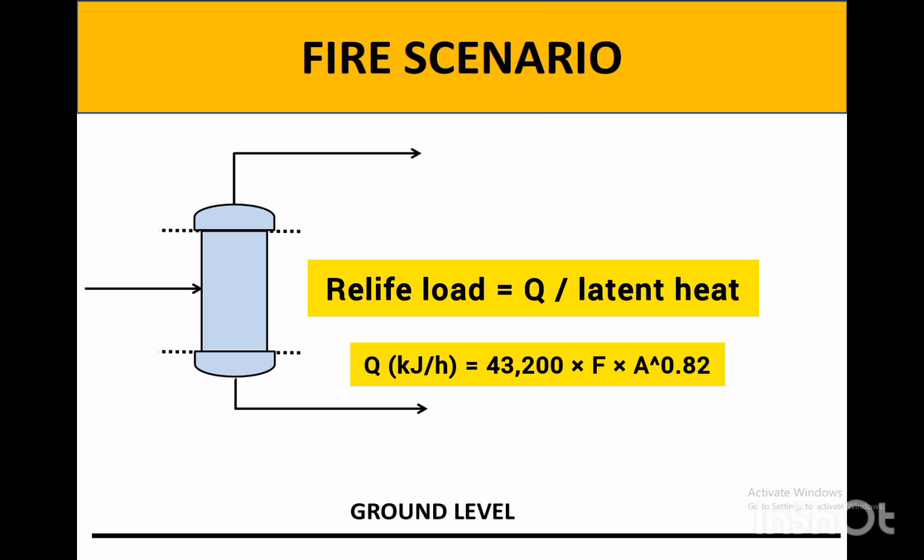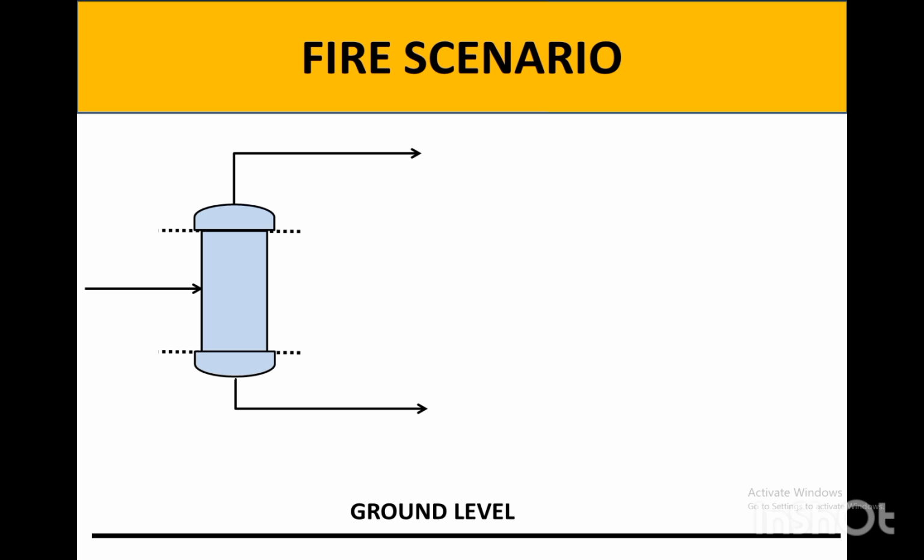So the heat that a vessel can absorb equals 43,200 times F, which represents the environmental factor, times the wetted surface area to the power of 0.82. You can find the exact value and the formula for the environmental factor within API 521, but for simple analysis, I just consider that the environmental factor equals 1.